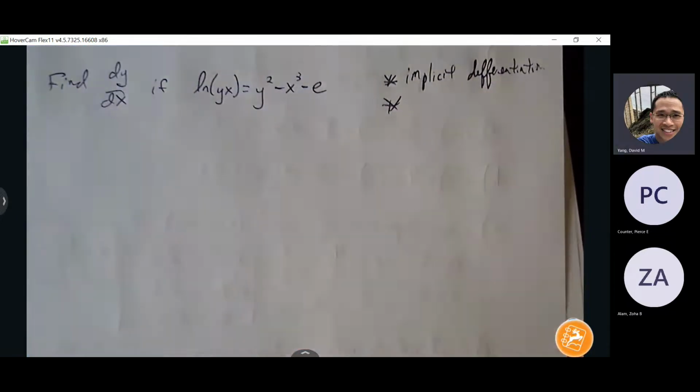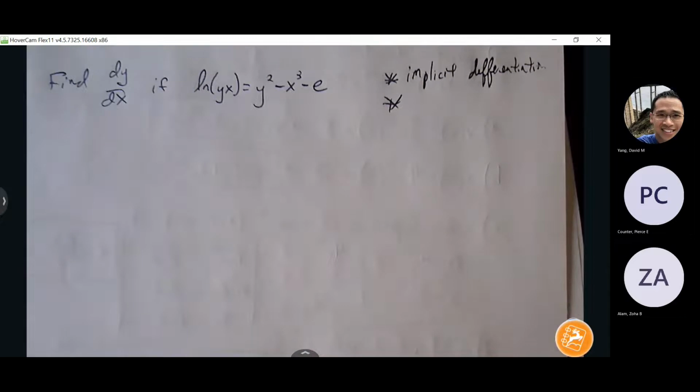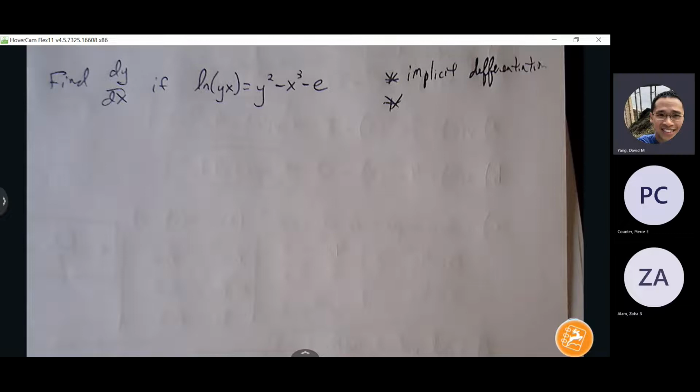What else is involved? What else do you see? Anything else stand out about this equation? Just put the ln. Right. So this is actually something that we can do before the derivative, right?